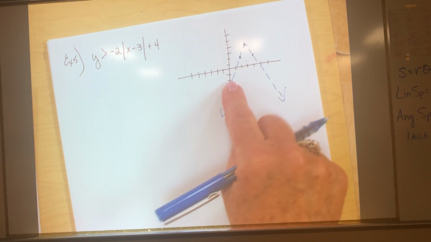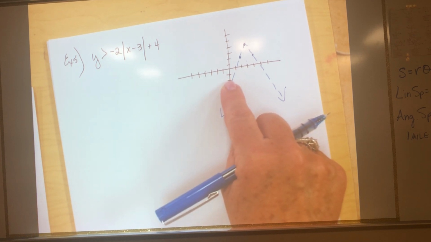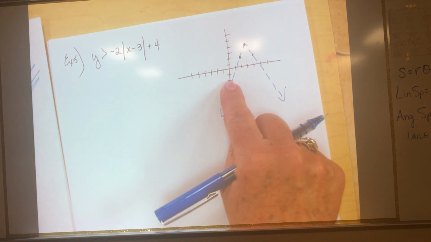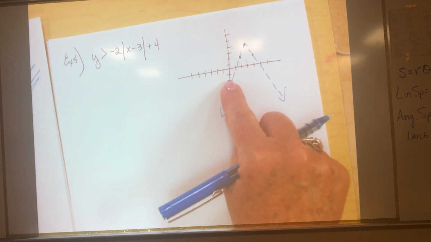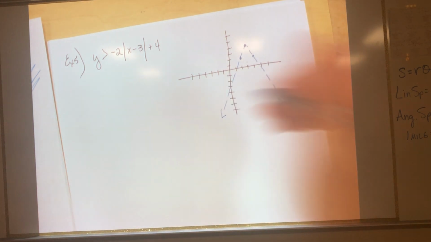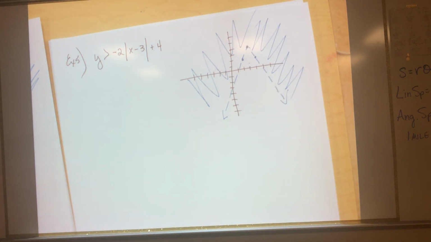It's amazing, all right? So I put my finger on where it crosses the y-axis, and it says I want the y's that are greater than. Would that be above my finger or below my finger? Above. Is that inside or outside? Outside. Everything outside. Okay, so there it is.